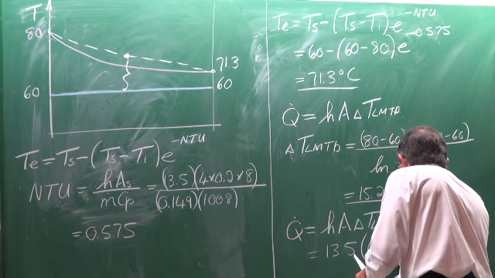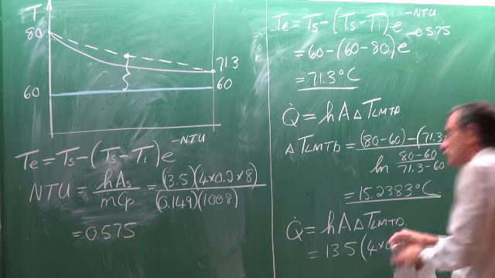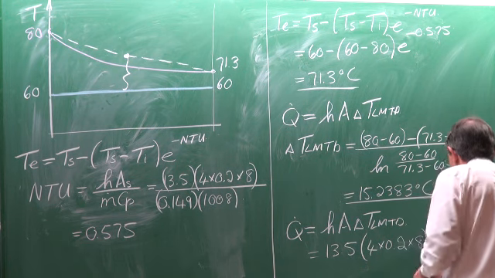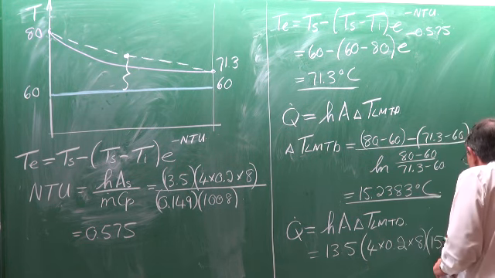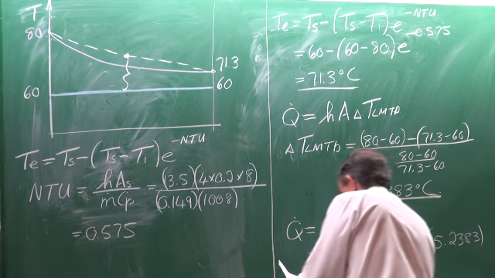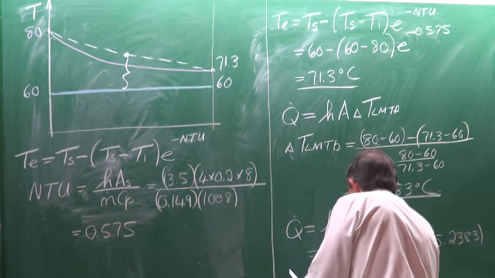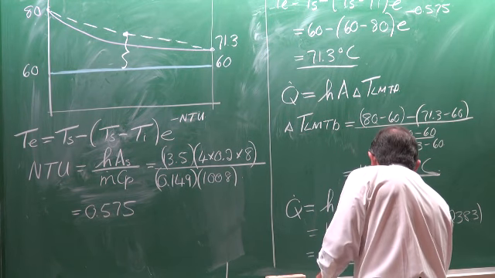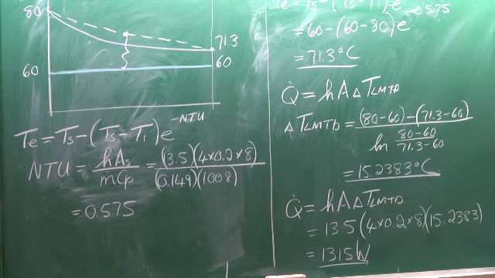That is 4 times 0.2, which gives us the perimeter, multiplied by the tube length, which is 8, multiplied by the LMTD, which is 15.2383. And from that we can calculate the heat transfer rate as 1,315 watts, or 1.3 kilowatts. That is the one method that we can use.